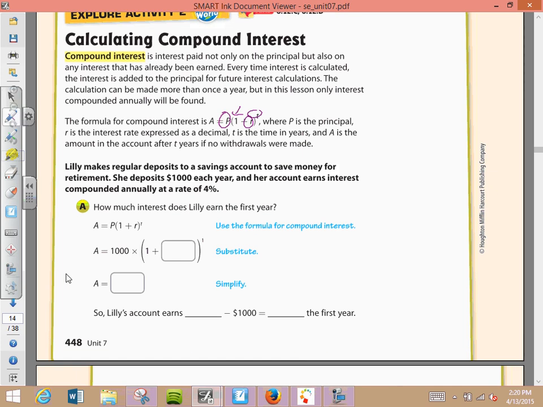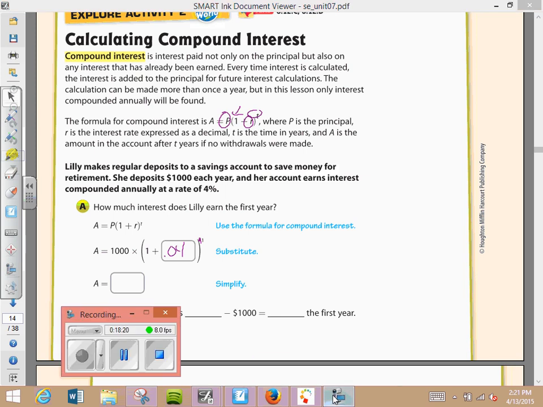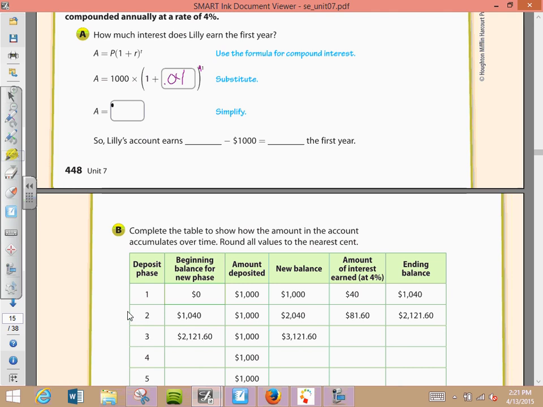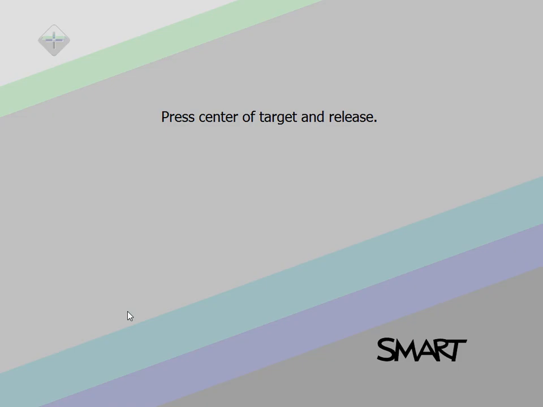1,000 times (1 plus the rate of 0.04) to the power of 1 for 1 year. So go ahead on your calculators and figure that one out. So we got 1,040, right? So when you subtract 1,000 from 1,040, what do you get?